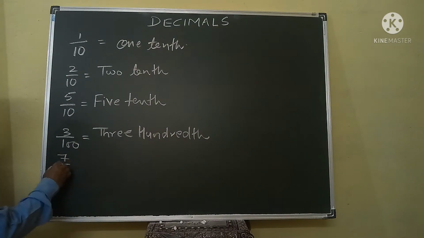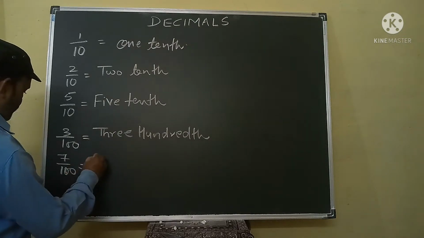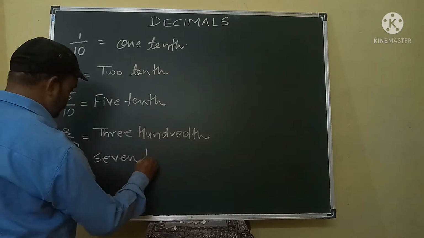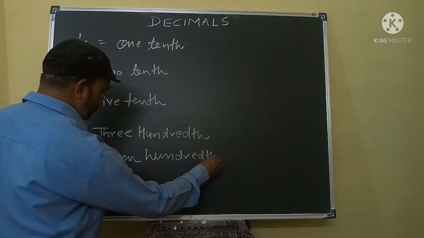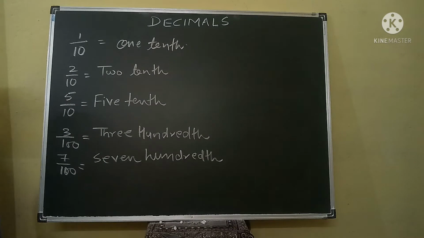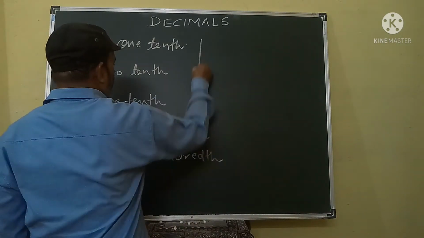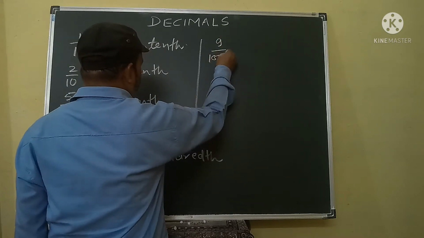Suppose this is 7 upon 100. So we can read this number 7/100th. Okay. Suppose in other example this is 9 upon 1000.